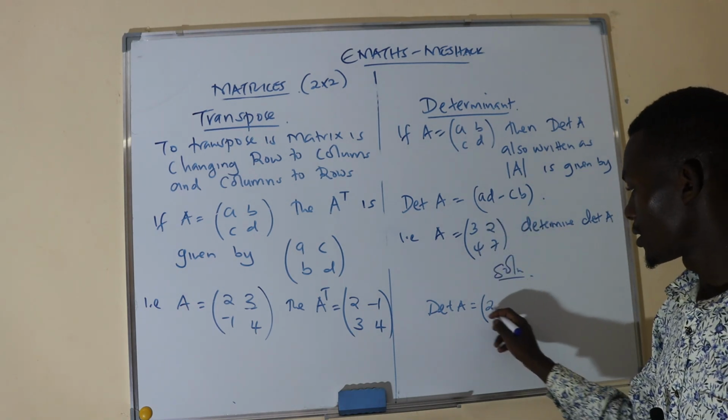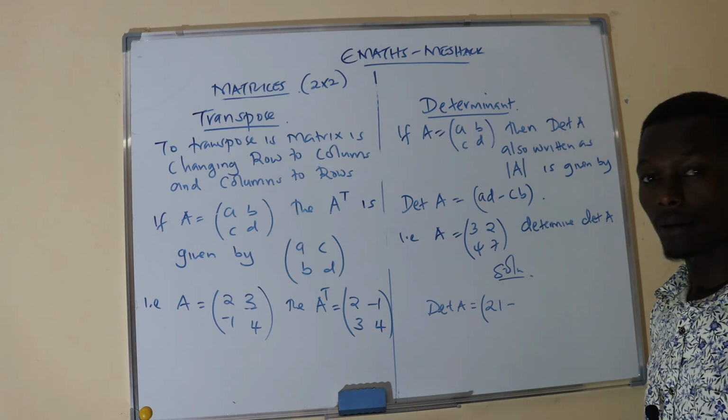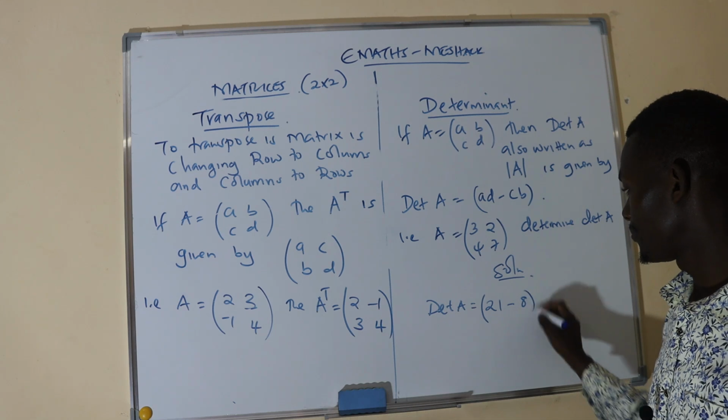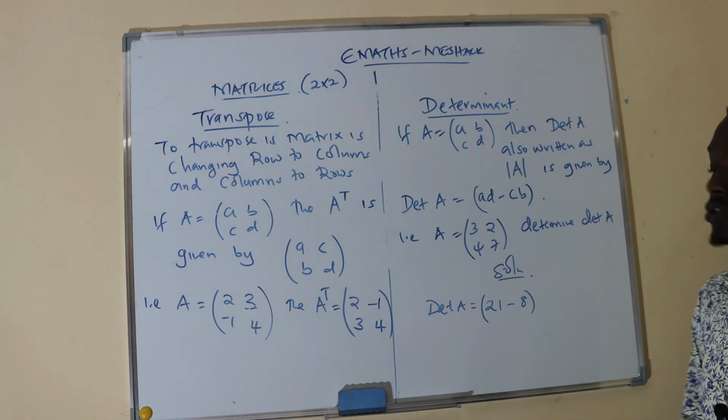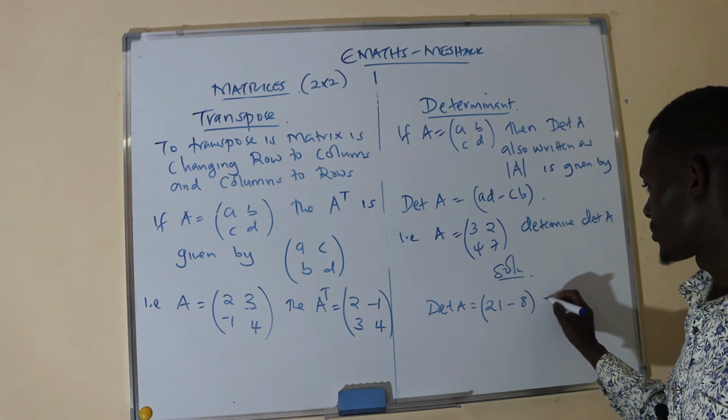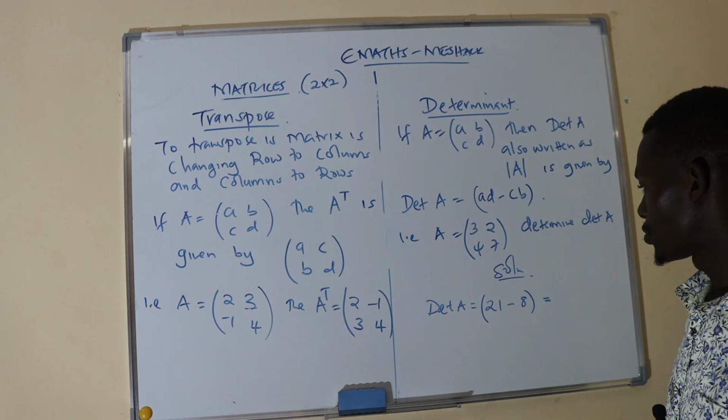So 7 times 3, which gives us 21, subtract the elements of the other diagonal. 4 times 2 gives me 8. And what is 21 minus 8?